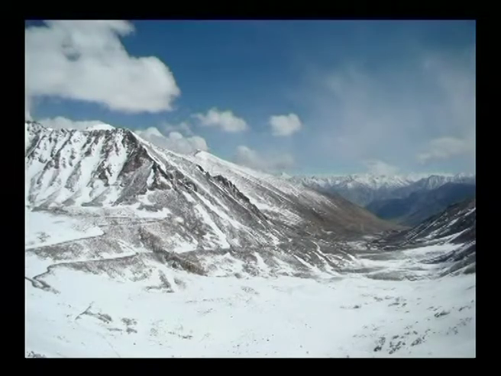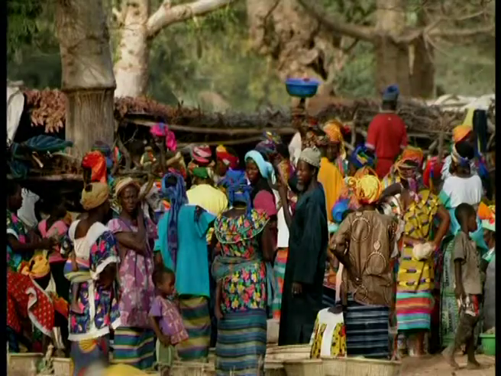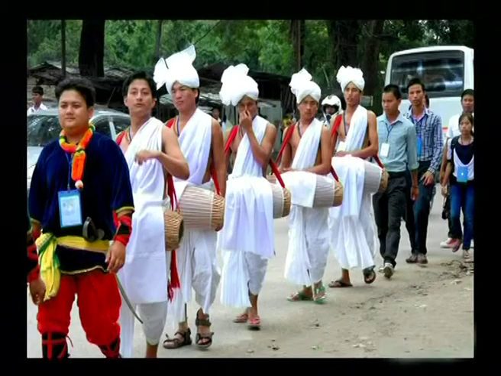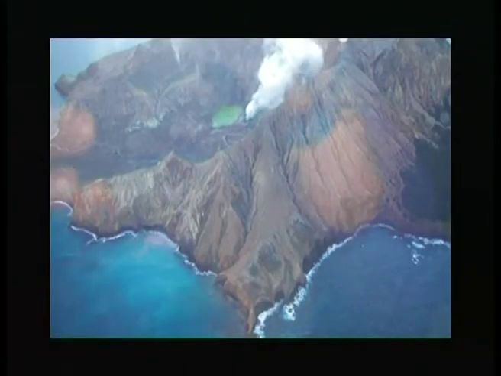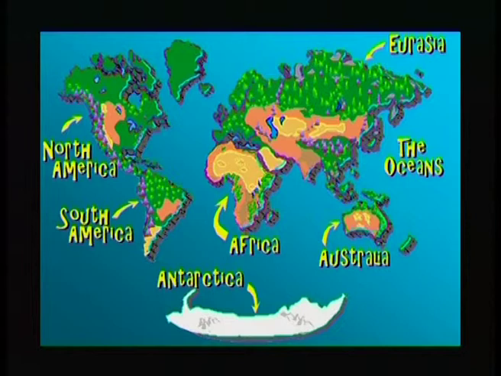Now, getting back to geography, in geography as well as in human geography, there are such dichotomies. They relate primarily to the broader branches or the broader focuses of geography. To take examples, there is general geography and regional geography.